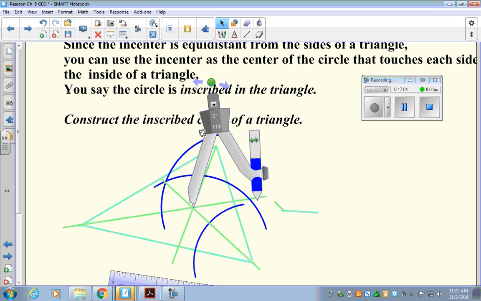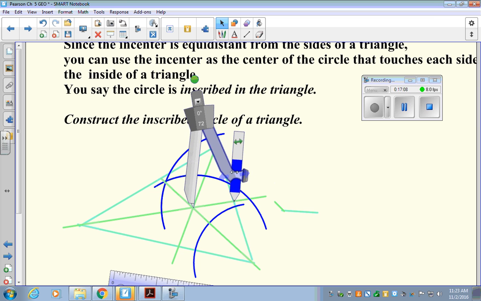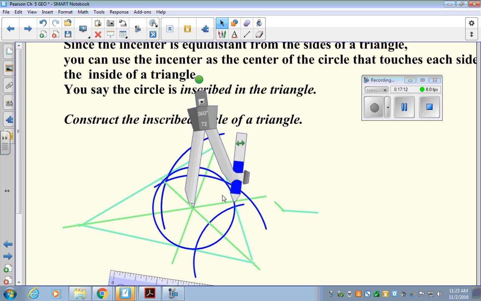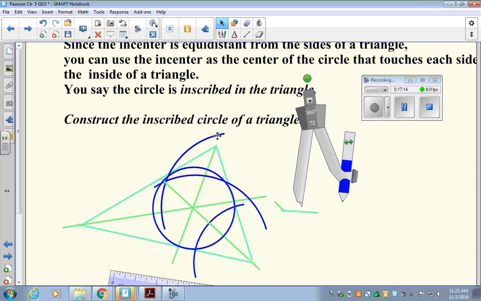We're going to inscribe the circle, so it's going to go all the way around. And now I clear away my arc marks, and I can see the circle inscribed in the center.